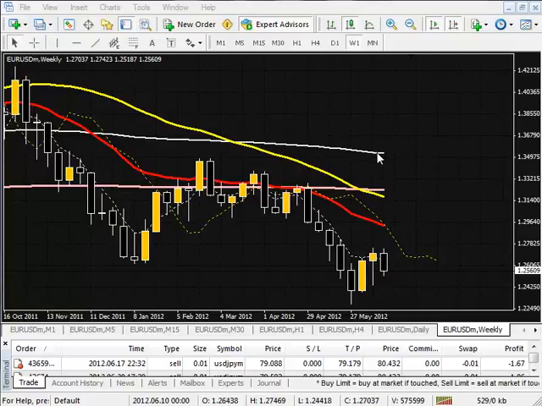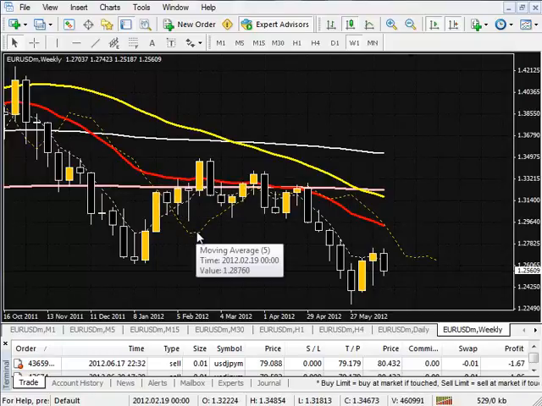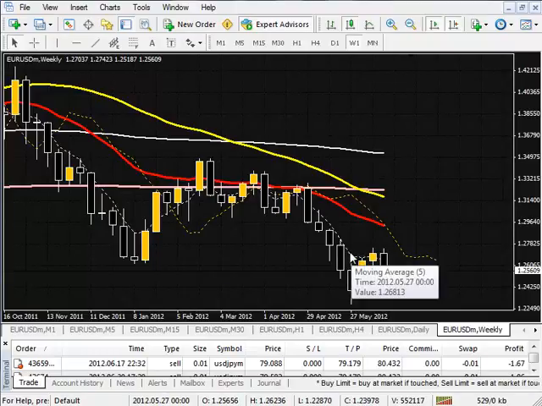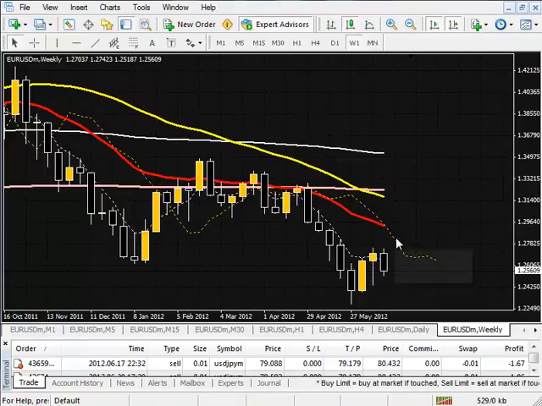If you put your mouse over the moving average, there we go. Moving average 100, the moving average 40, the moving average 21, and we have the moving average 5 and the moving average 5. Now I've shifted this one over so you can see in which direction the 5 is opening up.